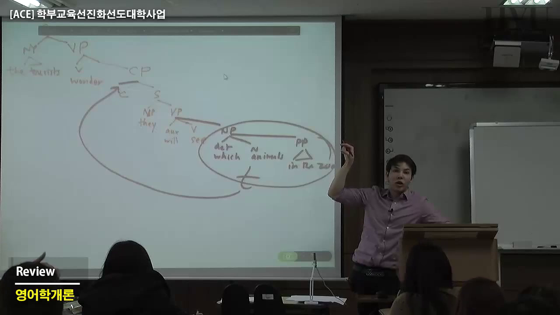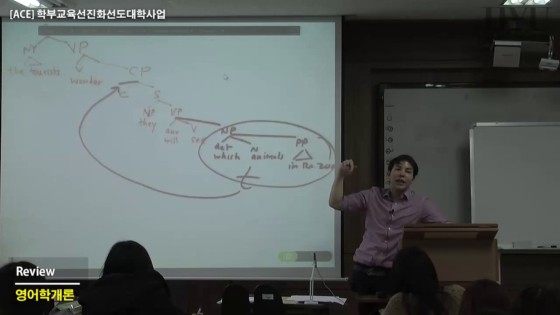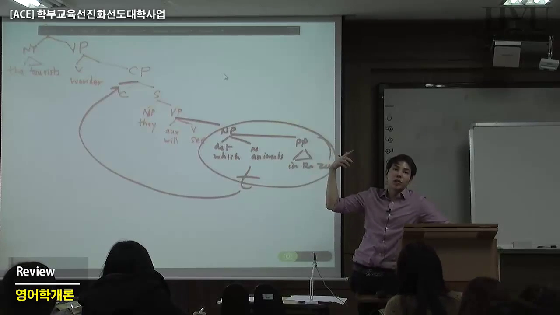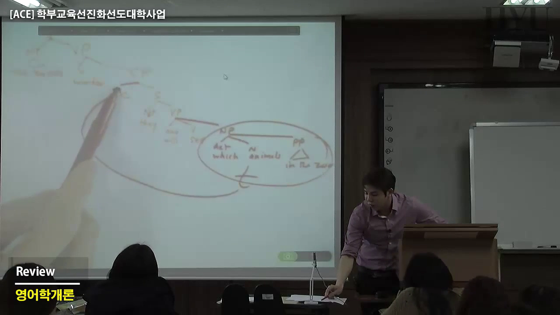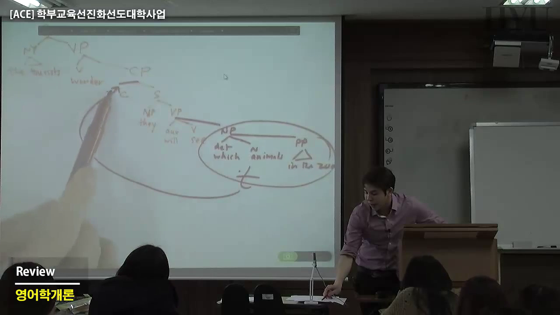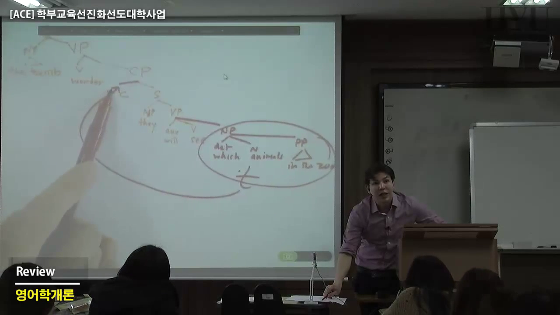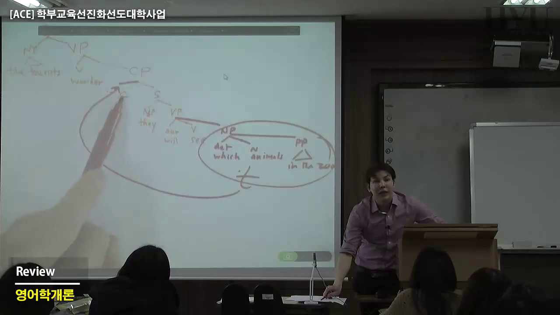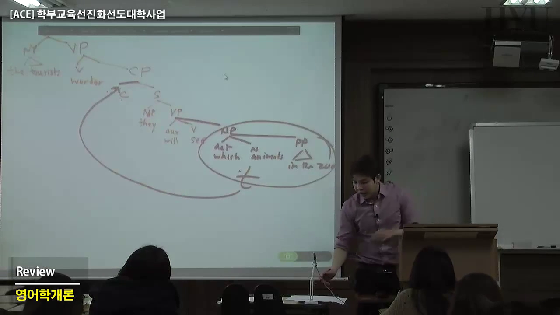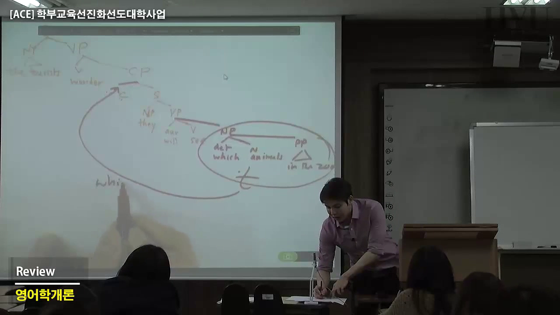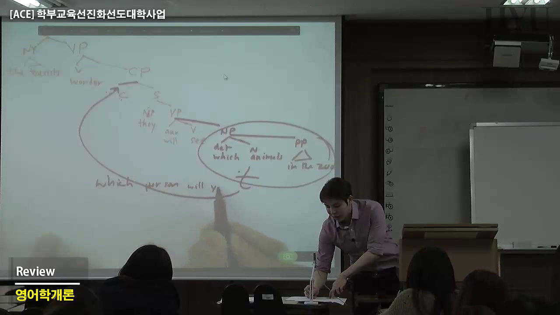C is at the level of a word. So it should be one word, like is or will or whatever. But this should be a phrase type, so it should not be in the C position, okay? If you have a question like which person, this is different, okay? Will you see?